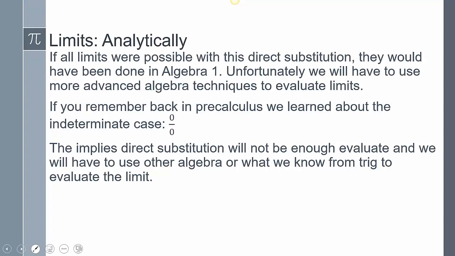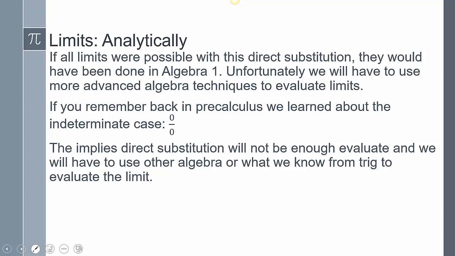Now, if all limits were possible with this direct substitution, you would have seen this in a much earlier math class like Algebra 1. Unfortunately, it's not that easy. They will get more complicated. That is part of the reason why we had to learn more advanced algebra techniques to evaluate those limits, which is a lot of the different things that we examined and learned in pre-calculus.